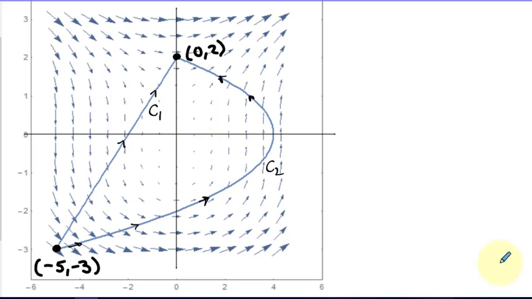So it's kind of fun to think of that as, along path C1, this force is kind of losing. The resistance is winning along path 1, because the particle is moving against the force. Whereas along C2, this particular force is kind of winning. It's moving in the direction in which the force wants it to go. So it's joined the force.